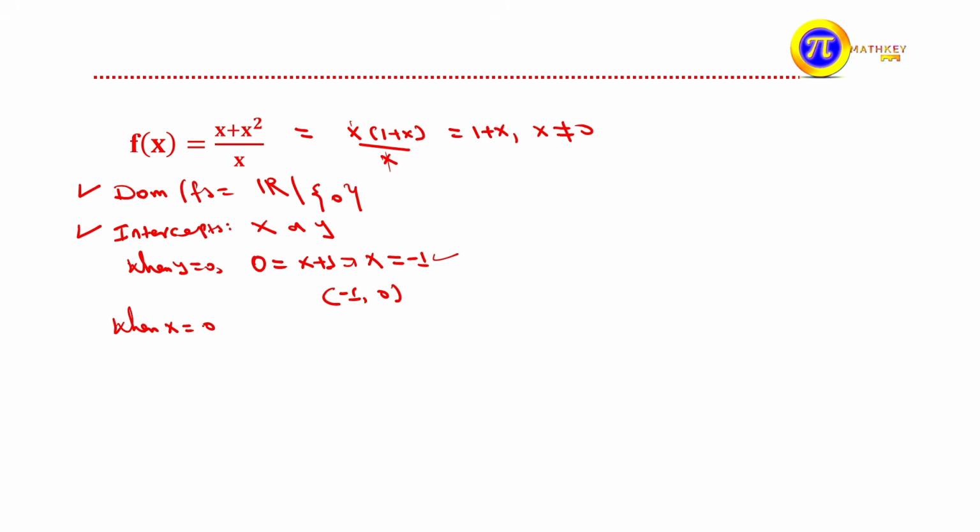When x is equal to 0 we can find the y-intercept. The y-intercept means f at 0, or you can say y is equal to... can we substitute 0? It is impossible. Impossible. Why?